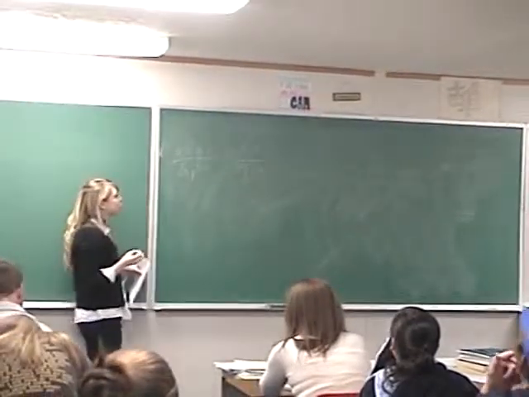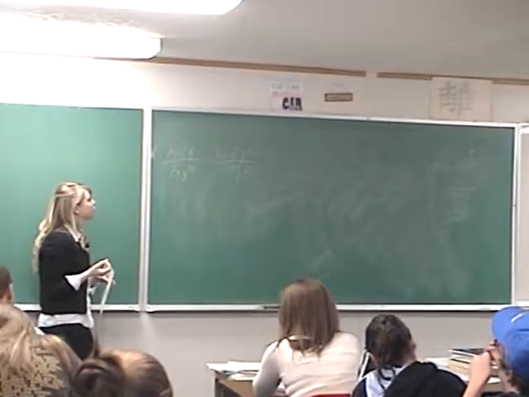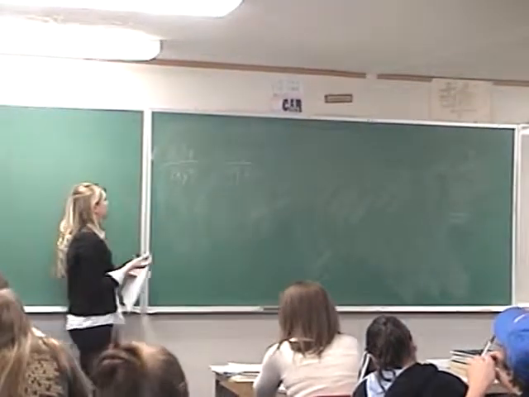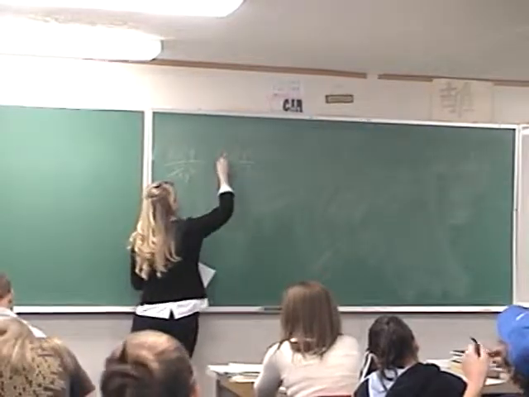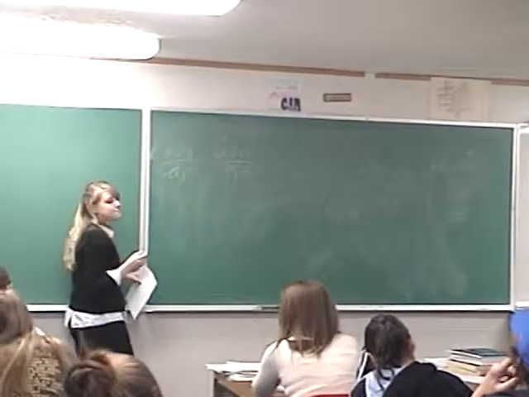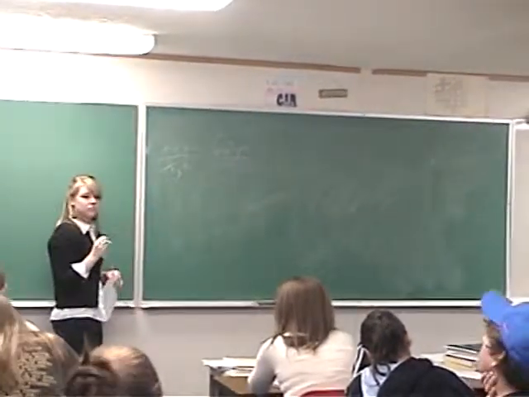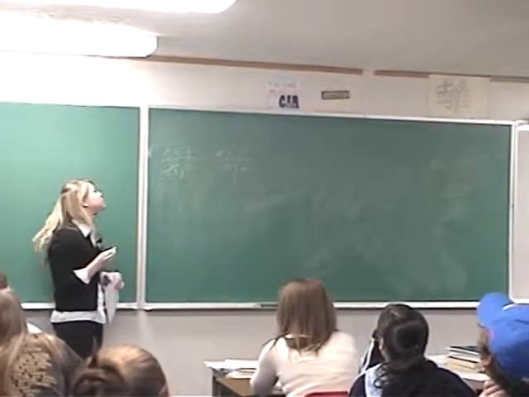Then you can do that with the 6x. You can take the 2 out, so just make it 3. Anything else? You take the x from the bottom.